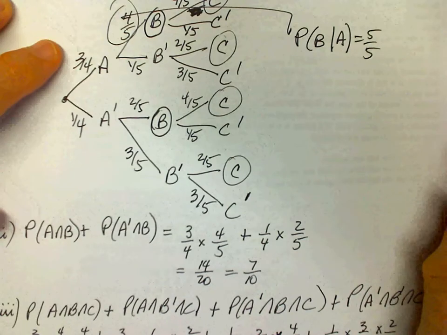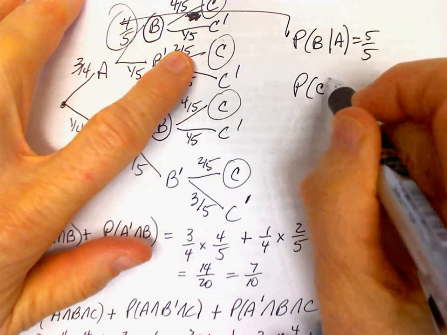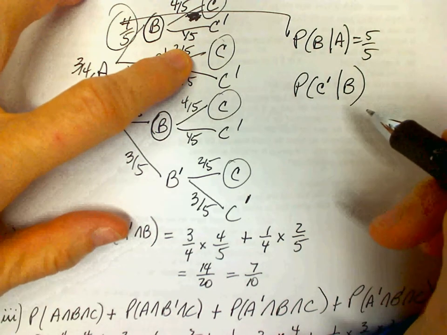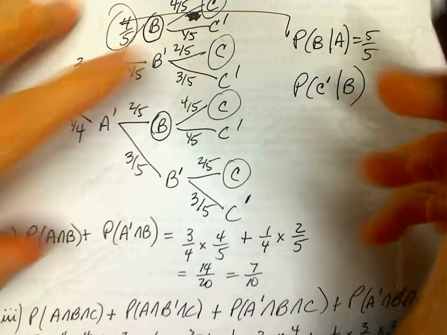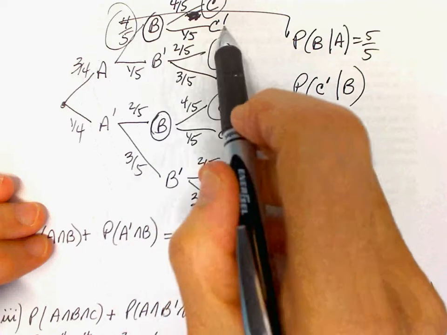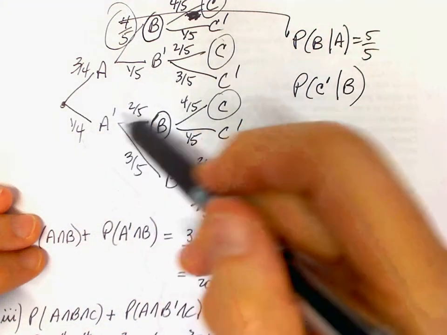So the probability of getting C wrong given B was right, there's going to be 2 of those. It's going to happen there and there, right? So note that these probabilities on the branches are conditional probabilities.